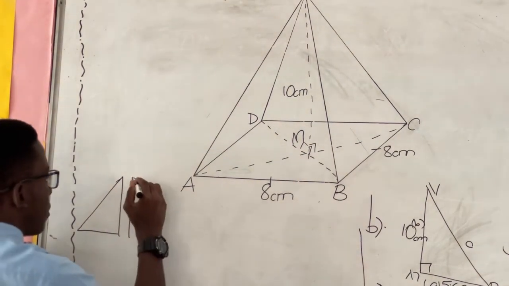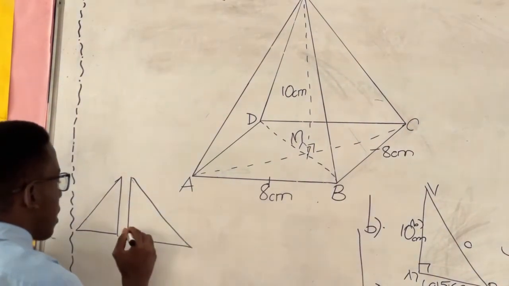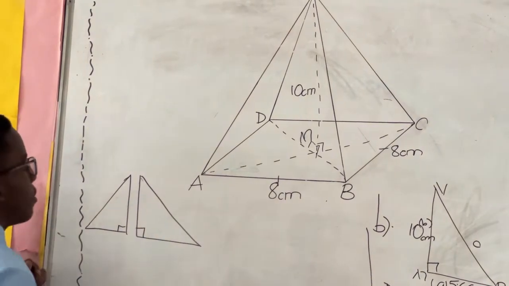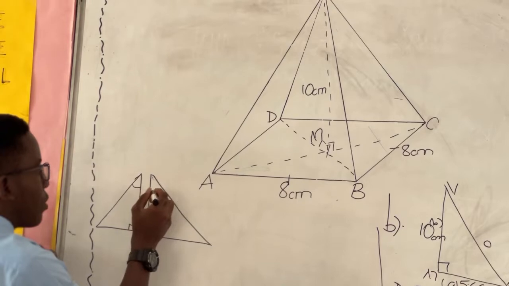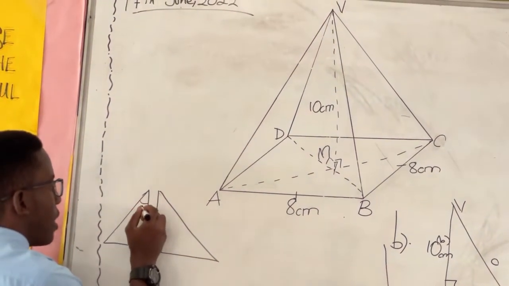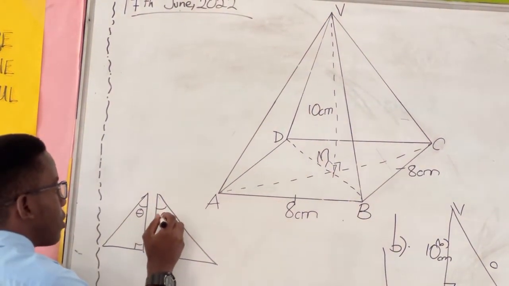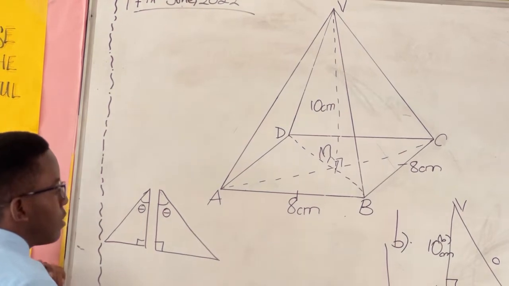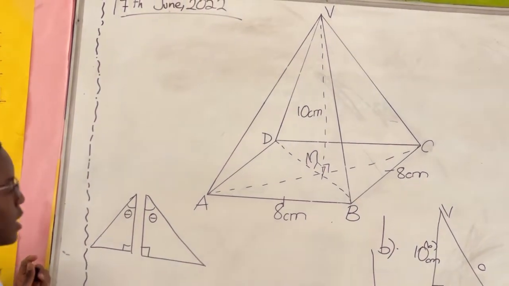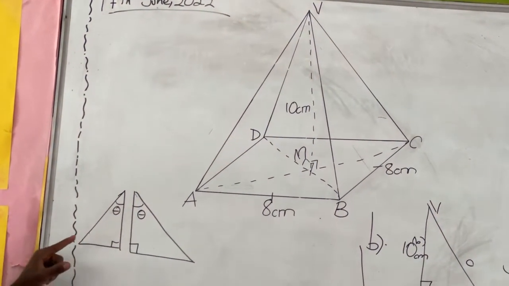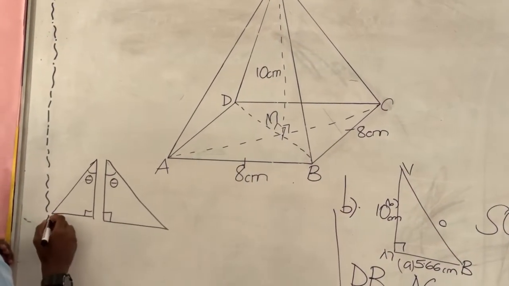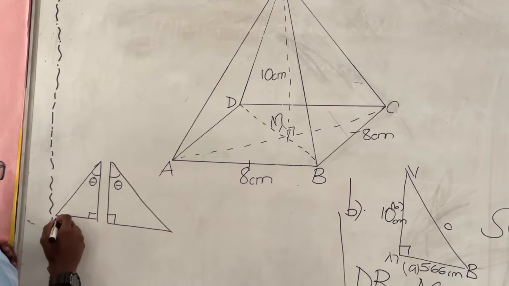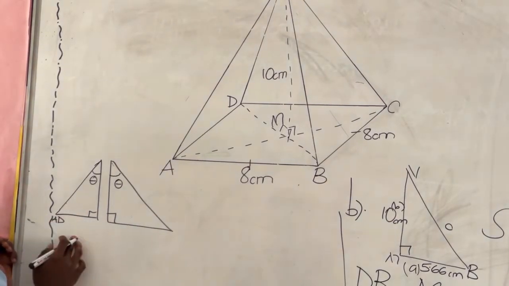Then we have two triangles with right angles. So they want the total summation of this angle plus the total summation of that angle, right? Let's call this plane VAD. So I'm going to put the line AD.